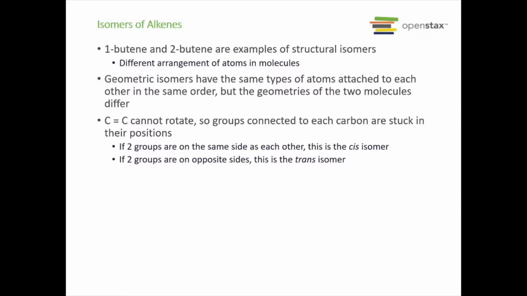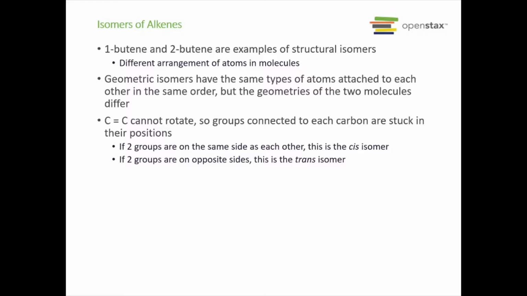And this occurs because the carbon-carbon double bond cannot rotate. So if you remember with alkanes, it didn't really matter, as long as you had a continuous chain, how they're drawn because there's rotation going on. But that double bond can't rotate, it's rigid. So the groups that are connected to those carbons in the double bond are stuck in their positions.